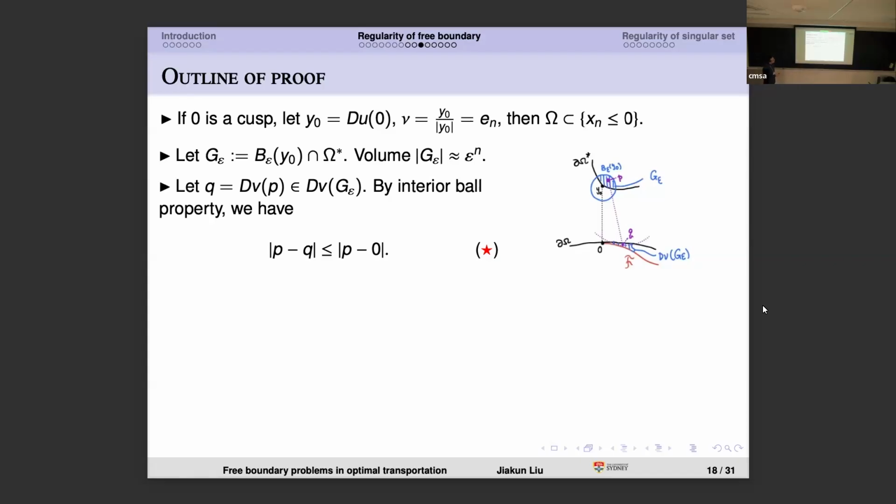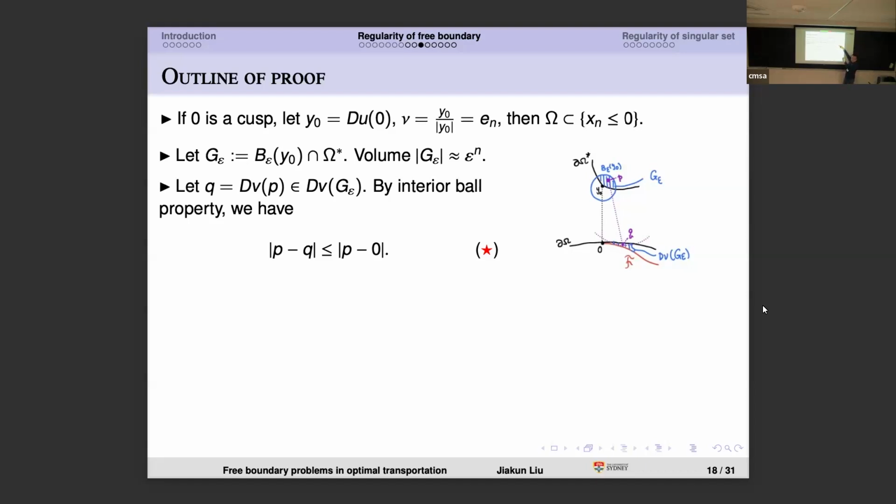From the interior ball condition, what do we have? We can draw a purple ball. Consider an arbitrary point P in this small region. We can draw a purple sphere. So the target here and the initial point is here. You draw a purple sphere. The purple sphere will be, everything will be above the free boundary.